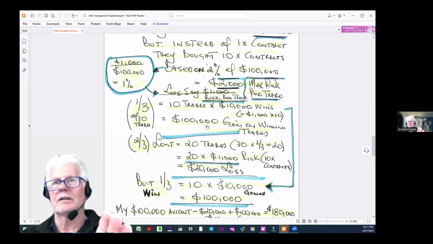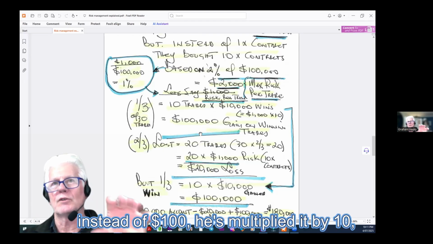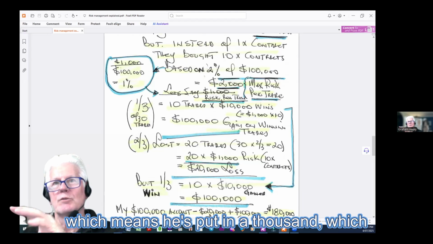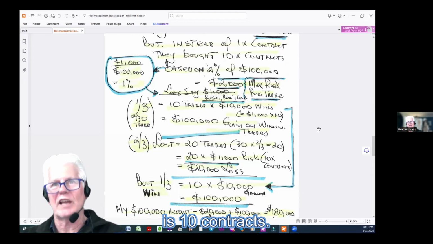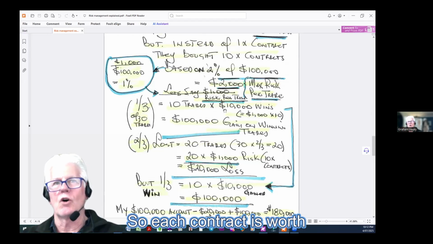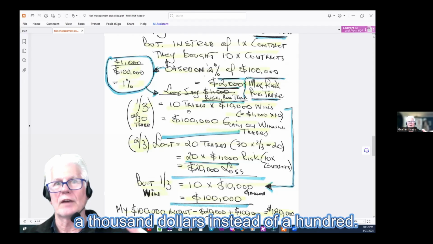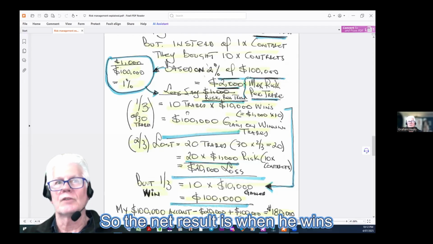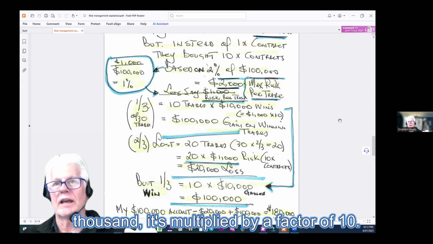But this guy has got $1,000 in each trade instead of $100. He's multiplied it by 10, which means he's put in $1,000, which is 10 contracts. So each contract is worth $1,000 instead of 100. So the net result is when he wins, the $1,000 is multiplied by a factor of 10.